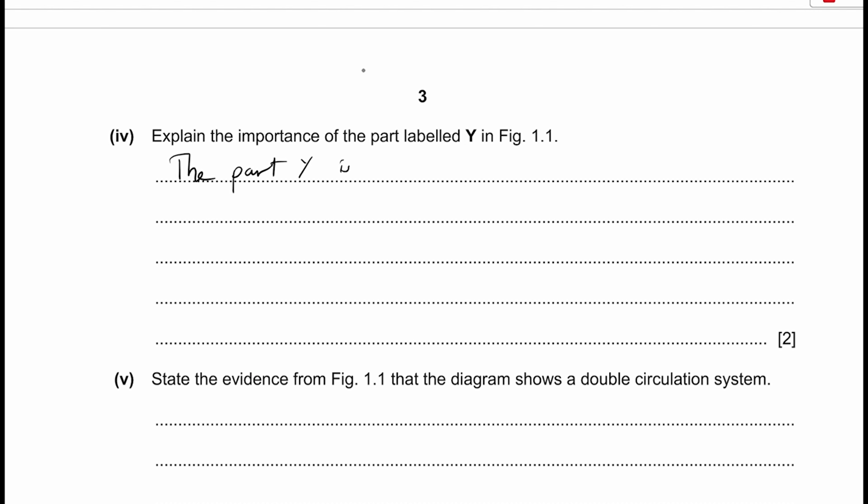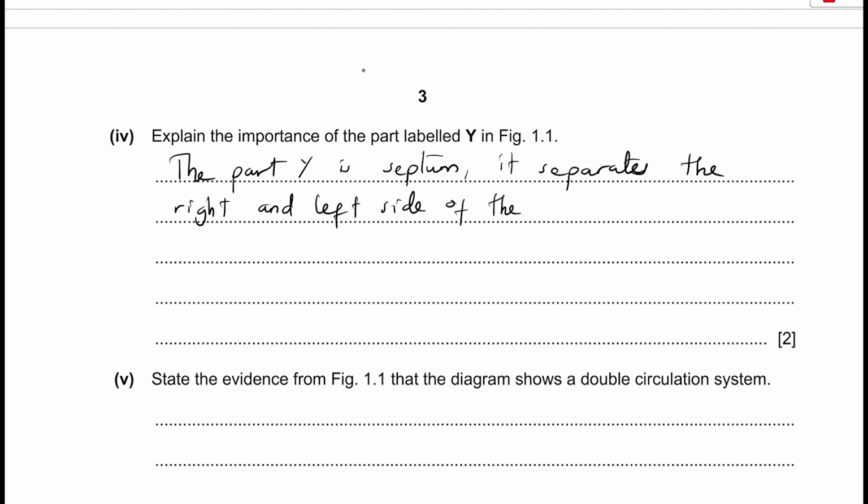So we can say the part Y is the septum. It separates the right and left side of the heart. That's the first thing. But also it prevents mixing of oxygenated and deoxygenated blood.